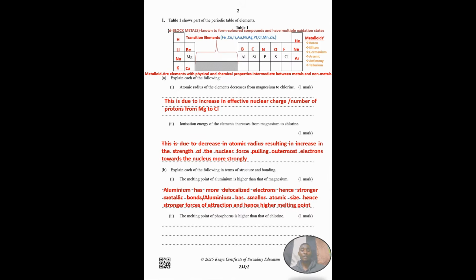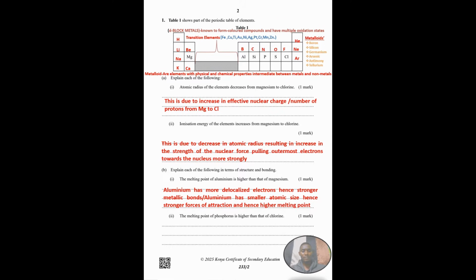Remember, when you are writing phosphorus, we write P4. That is, phosphorus has 4 atoms. It is tetraatomic. But when we are writing chlorine, chlorine is diatomic.